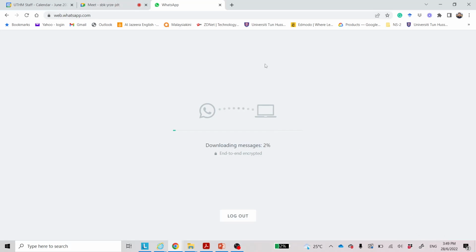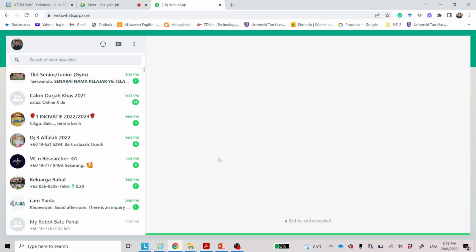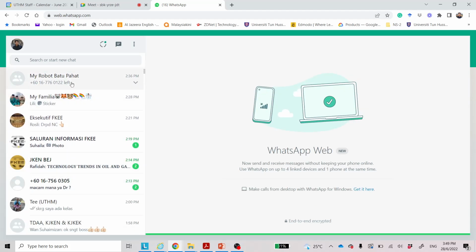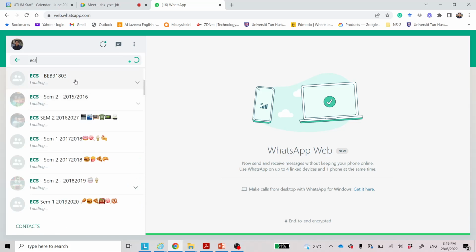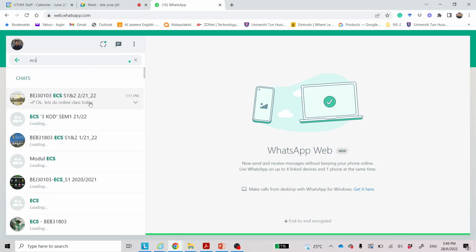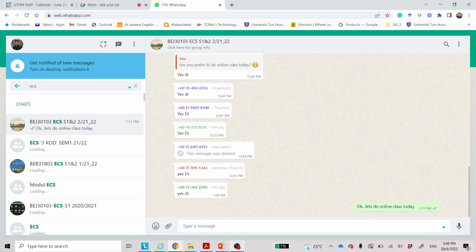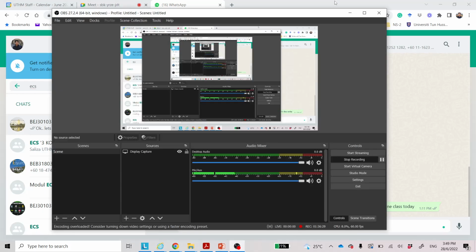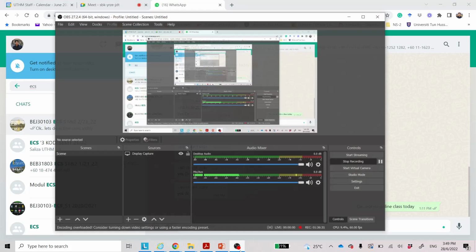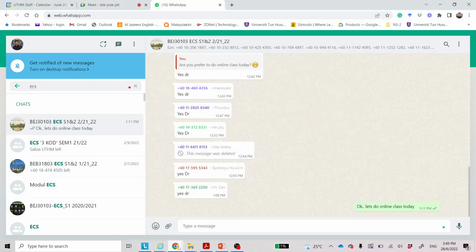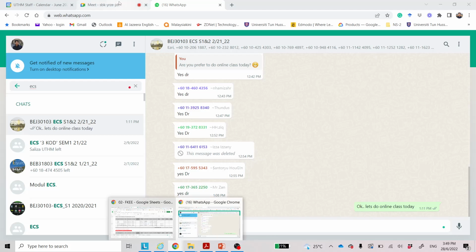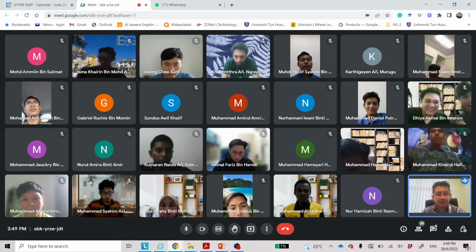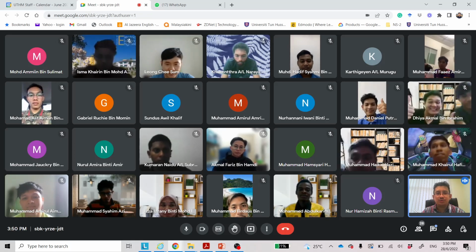Wait, I want to open the WhatsApp so that I can straight away paste it there. You can also screenshot on your own as well. Wait, you see this. Okay, 3, 2, 1.